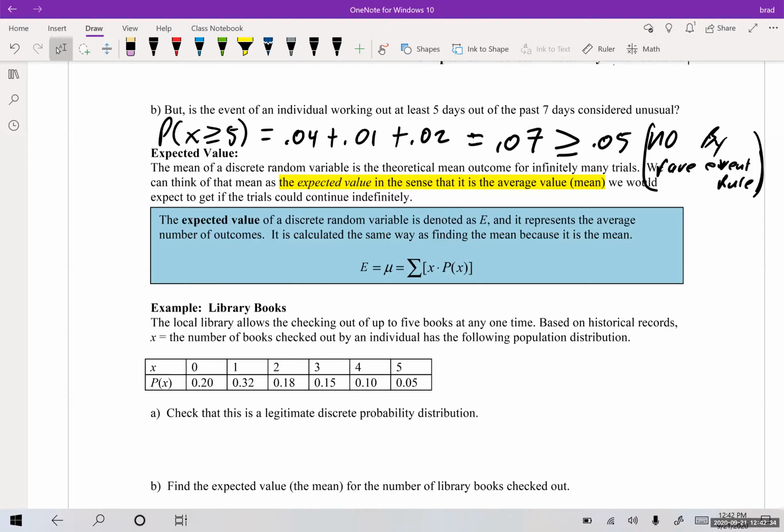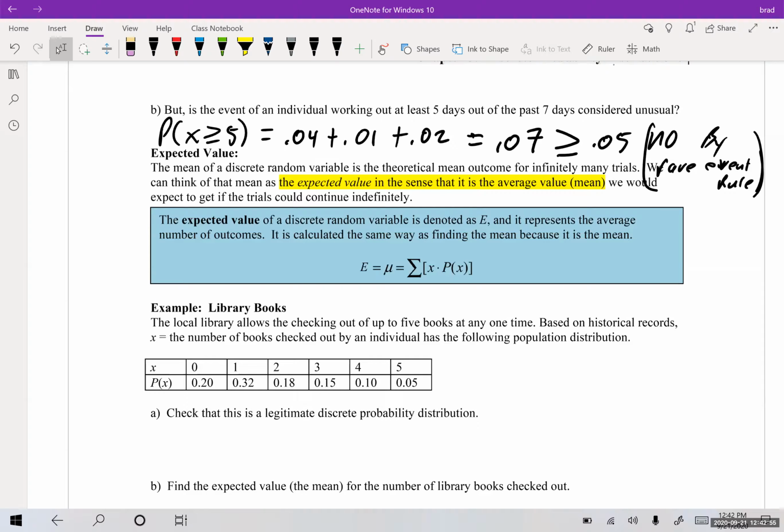Basically what this is saying is that if you can find the mean, that is actually the expected value, okay? Which makes sense. Like I told you, if you ask people that took my class what was the mean of the class, and they said, oh, an 82%. Well, then if you took the class, you would expect to get an 82%.